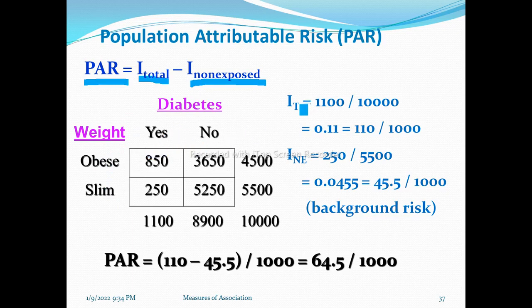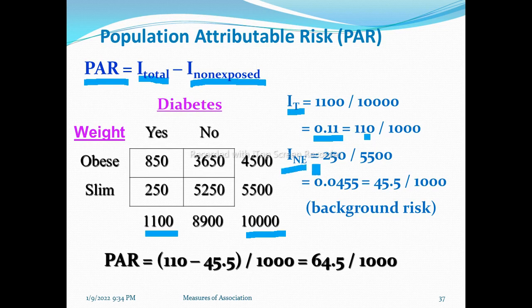Incidence in the total population means 1100 over 10,000. This one divided by this one gives the incidence in the total population, 0.11 or 110 per thousand.